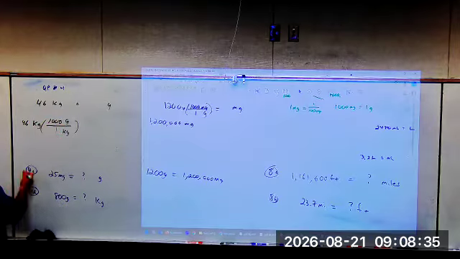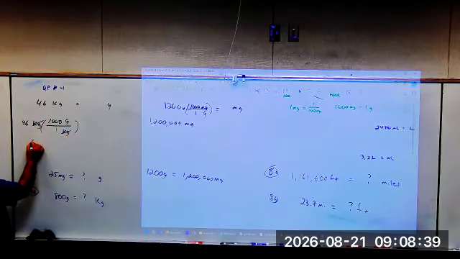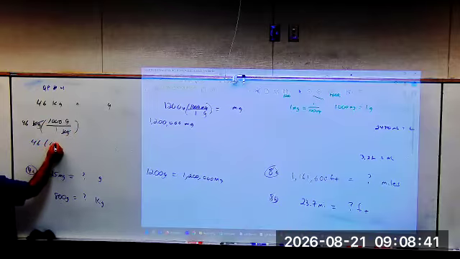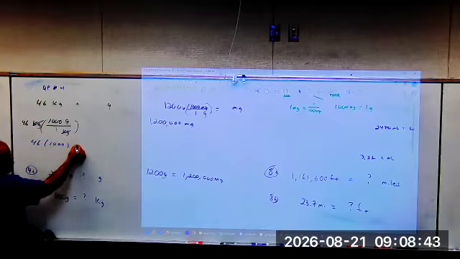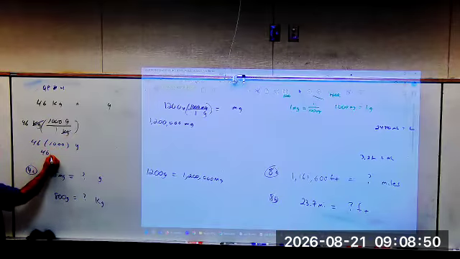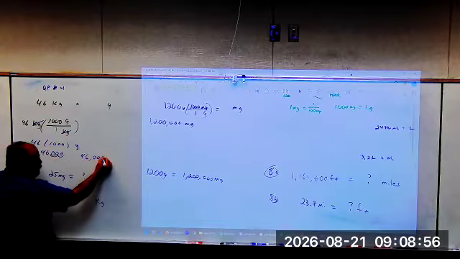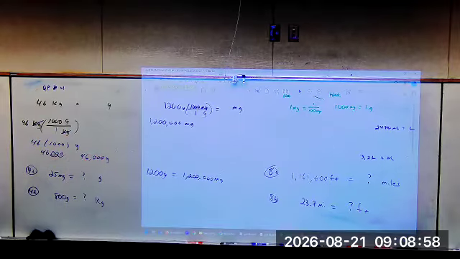The purpose was to get the kilograms to reduce, and 46 times 1,000 grams. All you're going to do is move the decimal 3 times to the right. 46 times, you need 1, 2, 3, add those 3 zeros, and you get 46,000 grams.